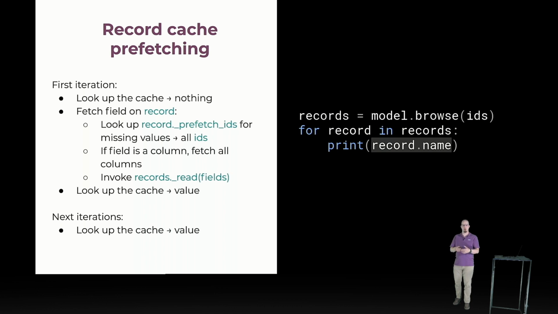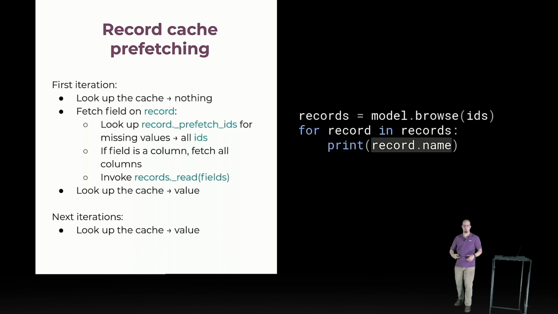That would be really too inefficient, because if you imagine two nested loops like that, this would be a nightmare in terms of performance. So what the prefetching does is turn these n accesses to fields into a single query to the database. How does the magic work?